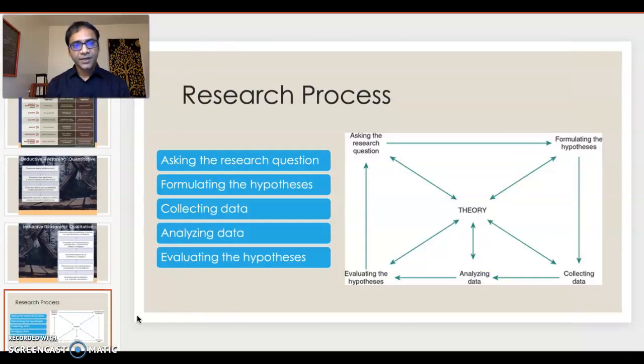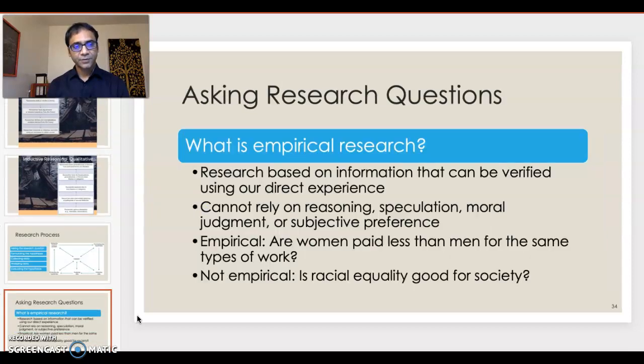In our chapter, it talks specifically about quantitative research methods, and about 5 steps: asking research questions, formulating a research hypothesis, that is a research statement, and then collecting data, analyzing data, and evaluating data. And in the center of it is theory, which guides us to move forward. So what is empirical research?